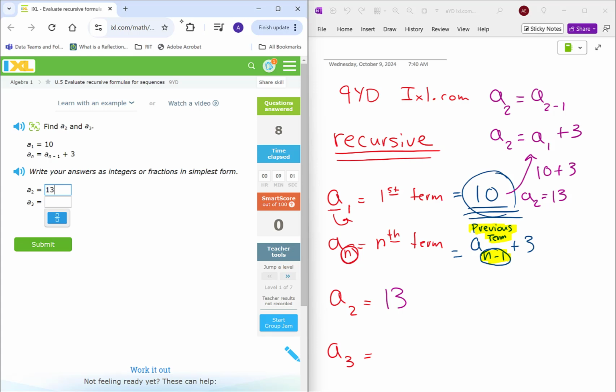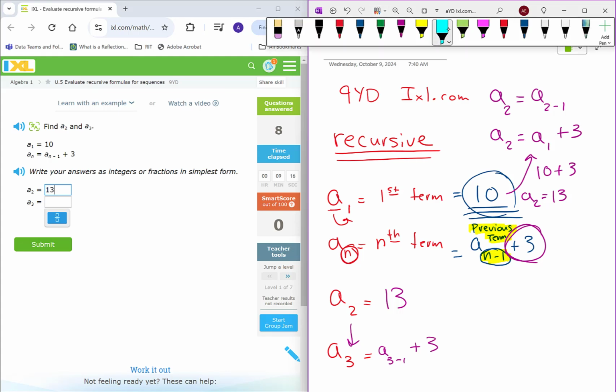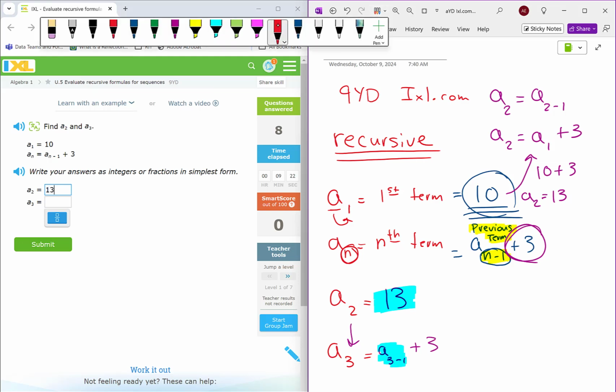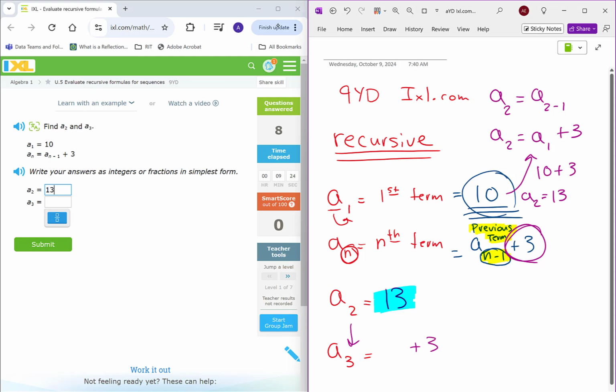Now when I go to do A sub 3, I could write it out. I could say it's A sub 3 minus 1 plus the 3. But what this means is the next term is just going to inherit that previous term, and then you're going to do something to it. And the formula will tell you what you're going to do. So it's going to be 13 plus 3, which is 16.